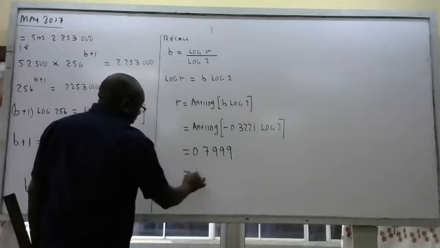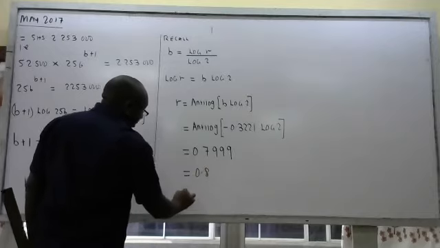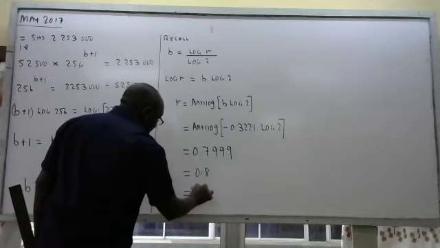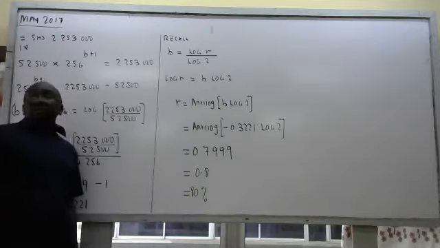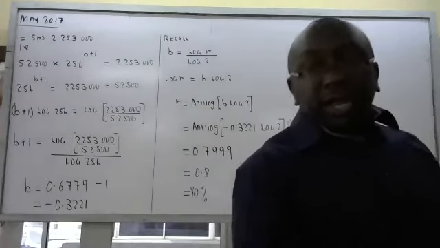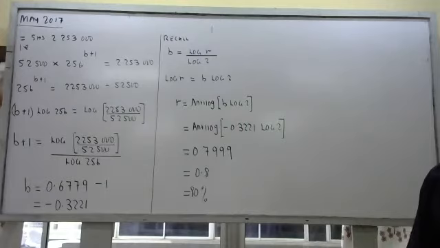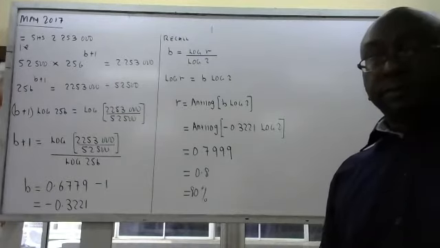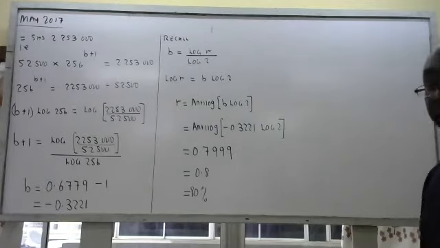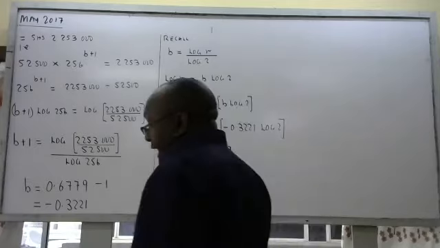So this one you can call 0.8, or you tell us 80%. That's all. Are you able to get those things? Yes, Ivarin. The others.